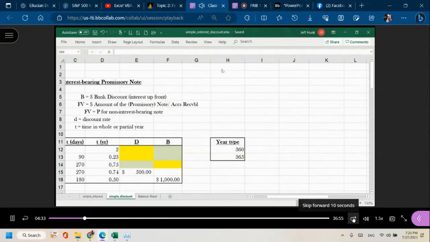If Dell purchased $100,000 worth of parts and components from the manufacturer and issued a 60-day promissory note at a 10% interest rate, obviously the principal amount is 100K.